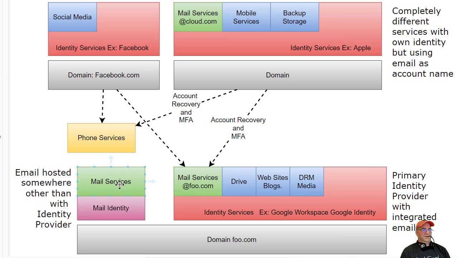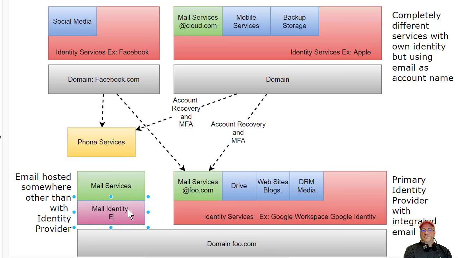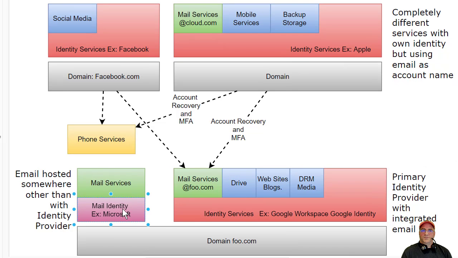And then you're like, well, how would I read that? It turns out that Outlook has its own identities, Microsoft identities. So here we could do a mail identity, and this would be Microsoft. In that case, I would end up with another identity provider, but the mail delivery would all go there for foo.com.